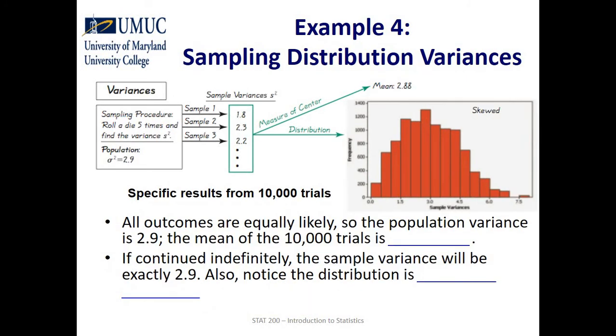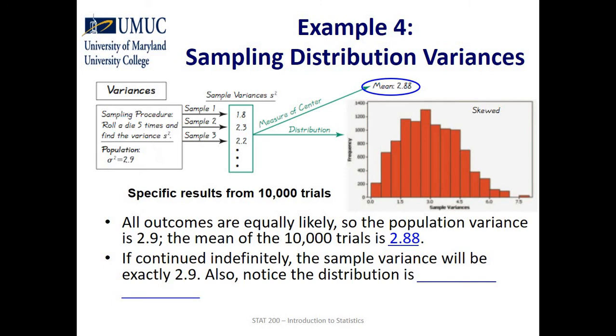Now, we can do the same thing with our sample variances, our S squared. We can roll 5 die and then compute the sample variance S squared. We found when we computed the theoretical value of sigma squared that it's equal to 2.9. We can do this 10,000 times, and they found that the mean of the sampling variances was 2.88, which rounds up to 2.9, but it's very close.